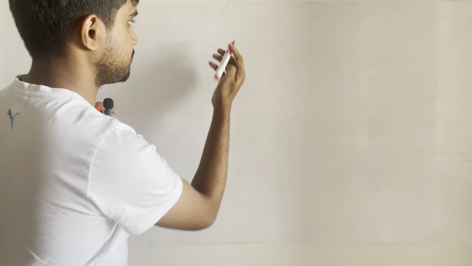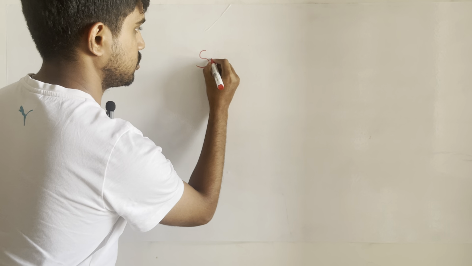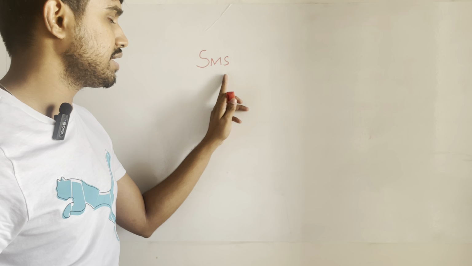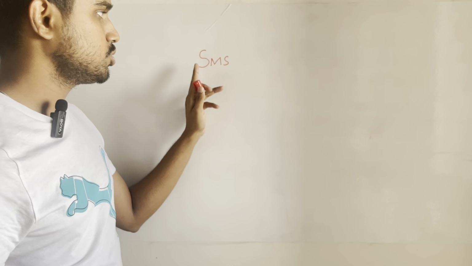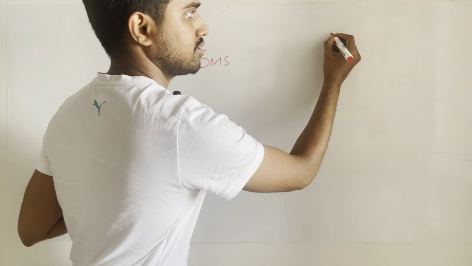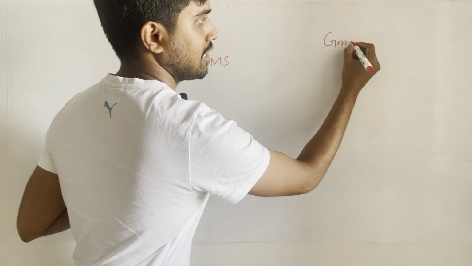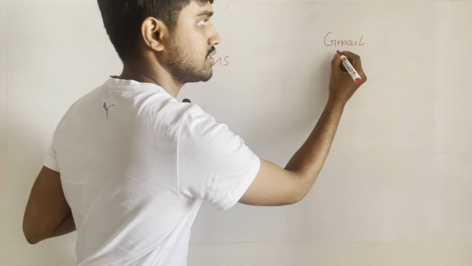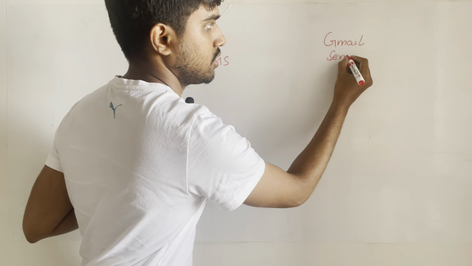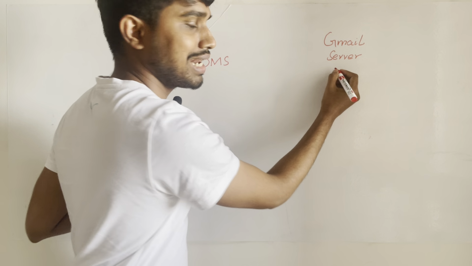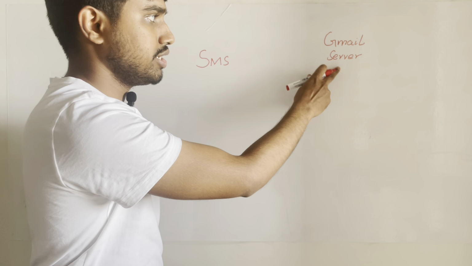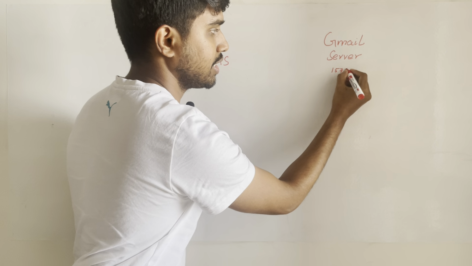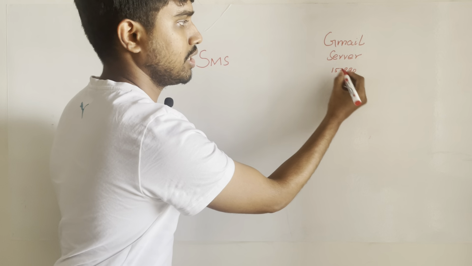So let's take SMS first. How SMS works is, when you send the username and password, the Gmail server or some application related to Gmail's server will generate a 6-digit number based on its own algorithm, some random number, say 1 5 7 8 9 0.